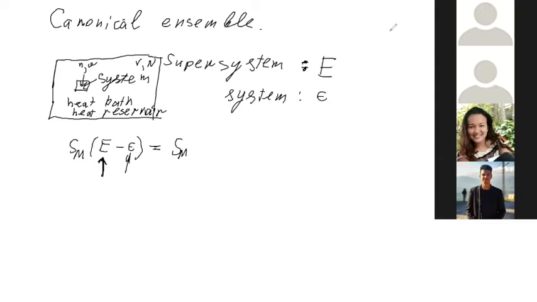Let me, for simplicity, remove this subscript. S of E, yes, and then plus the first derivative. Because you remember I have omitted the dependence of entropy on the number of particles and the volume, I write only energy for simplicity and brevity.